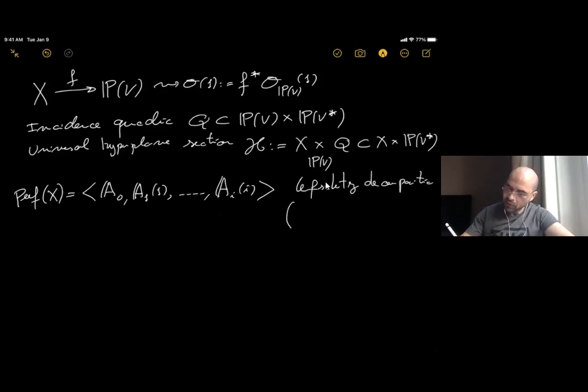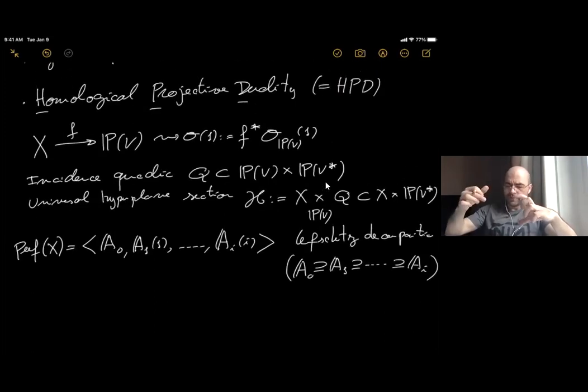This means that you have a nested sequence of triangulated categories, such that when you twist them using this line bundle, you get a semi-orthogonal decomposition. So you have a bunch of categories inside your category that generate the entire category, and there are no Ext in one direction. So it's somehow the category of perfect complexes on X is glued out of these ones by a certain glue given by modules.